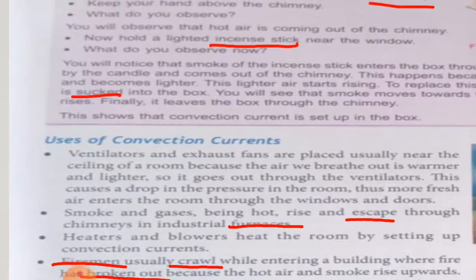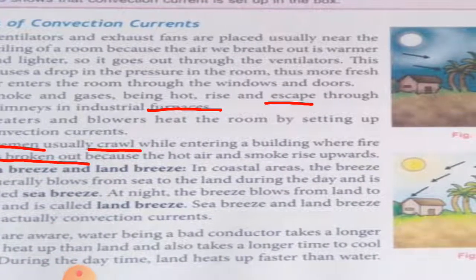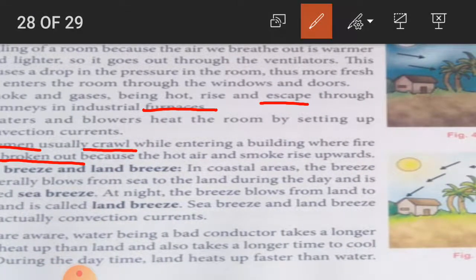Okay. Here you have to underline coastal areas, which means seaside area, and breeze, which means gentle wind.